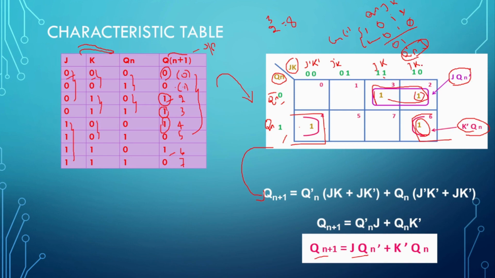See here, this one is 0, the k value is 0 here, and here also the k value is 0. If it is 0, you need to mention it with the complement, and if it is 1, the qn value is 1, that's why we mention it with qn. So this is the characteristic equation of the jk flip-flop.